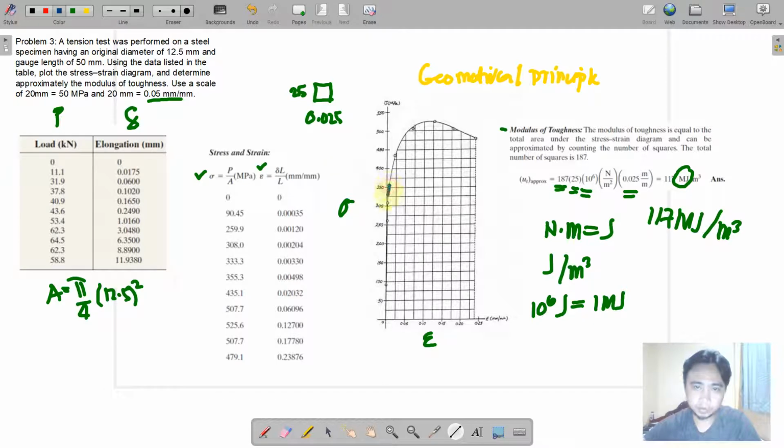Just project this one up to this point. Then you have a triangle under that. And then this one. So there will be a series of composite areas. What are the composite areas?